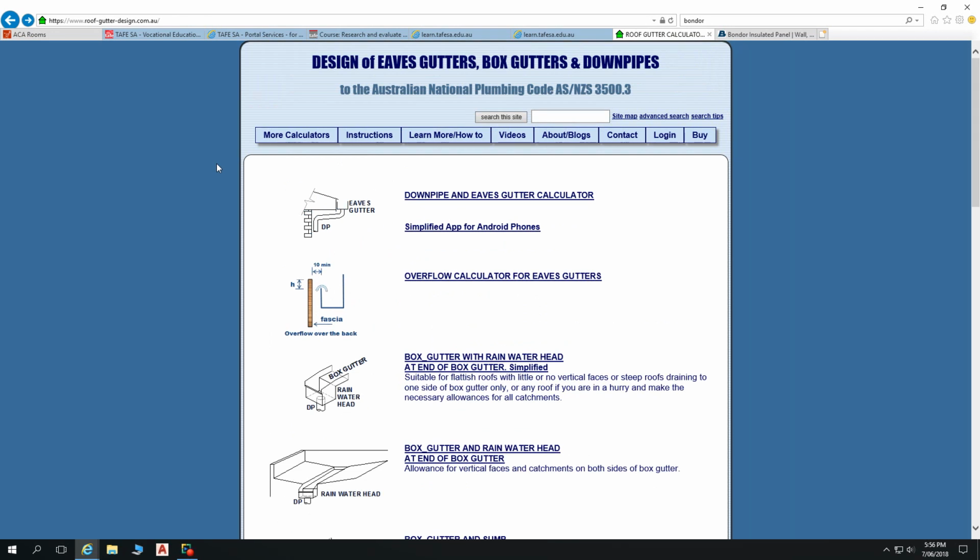If you just did a Google search for design of box gutter AS3500 Part 3 or just AS3500, it comes up with this online box gutter calculator, but it's also an eaves gutter calculator, a downpipe calculator, a rain head calculator. So they've taken all the information from the tables within the Australian standard and compiled that into a fairly simple program where you just input your data and it calculates it for you. So it makes it much easier than the really laborious process that I learned.